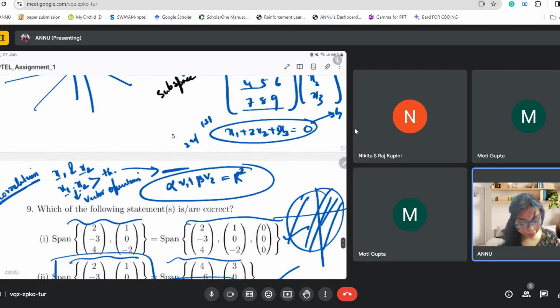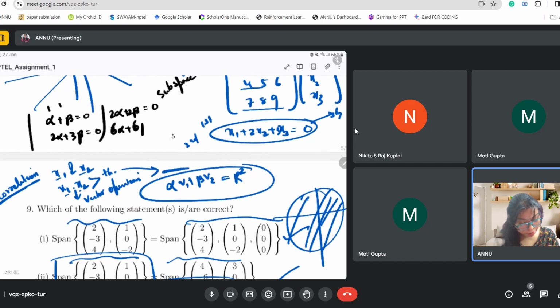For example, you have alpha plus beta is equal to 0. Then this is 1. And the second vector is 2 alpha plus 3 beta is equal to 0. This is one span. The second span is alpha plus beta is equal to 0, 2. Then multiply some by 3: 6 alpha plus 6 beta is equal to 0.